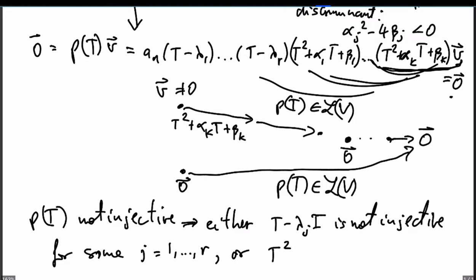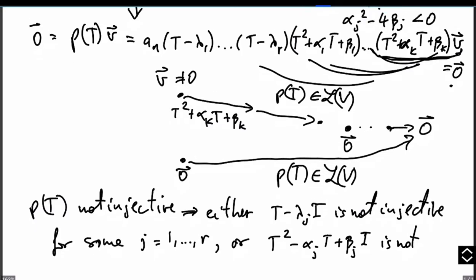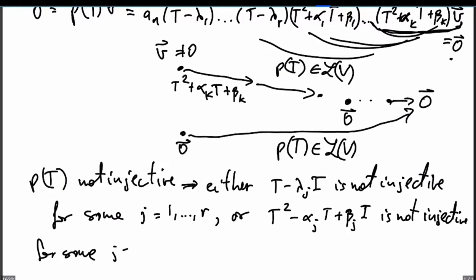So that means t squared minus alpha k t plus beta k. Now here I omitted the identity operator, but that's what it means to add a constant beta k. So it's possible that this is not injective, or actually one of them. So let me use the index j, not injective for some of the j's going from 1 to k.